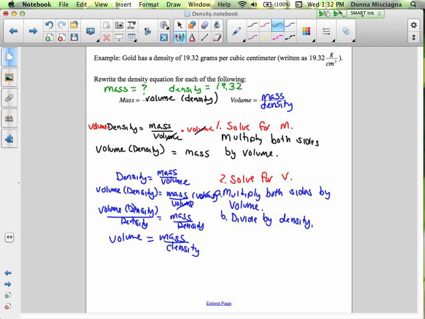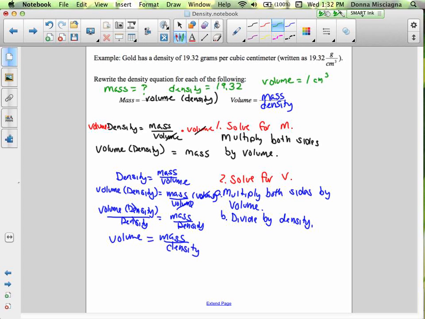And then our volume is per cubic centimeter, so that's per 1 centimeter. So the volume would be 1 cm cubed.